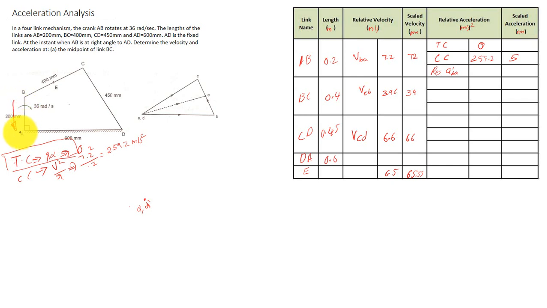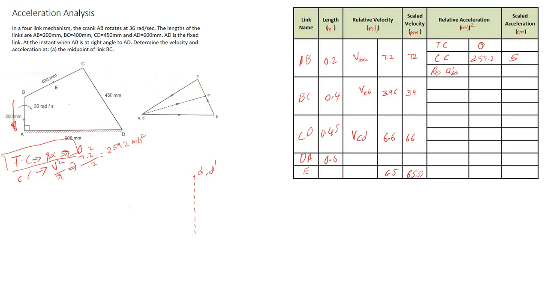Here A is the fixed point, so towards the fixed point will be the direction of the centripetal component of the link AB. Now I am going to draw the centripetal component. So this is the centripetal component.